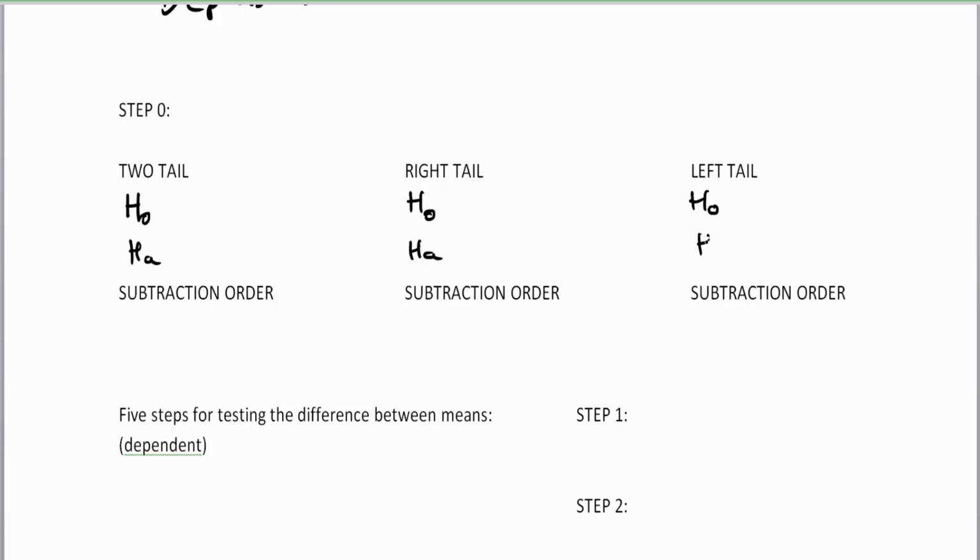Okay? Now, the null hypothesis and the alternative hypothesis are a little different in this example than they were in the previous 3. In the previous 3, we had mu sub 1 equal to mu sub 2. But in this case, we are looking at mu sub d, and the d here stands for the differences.